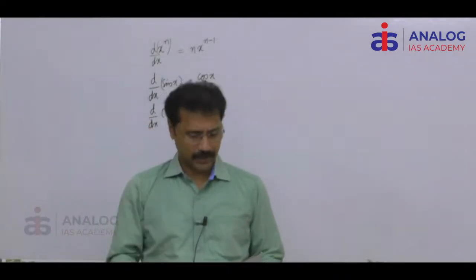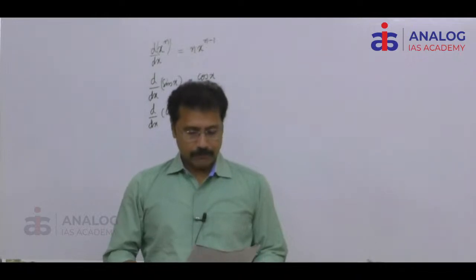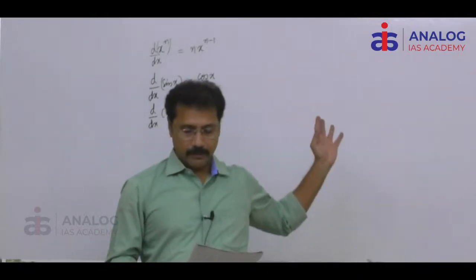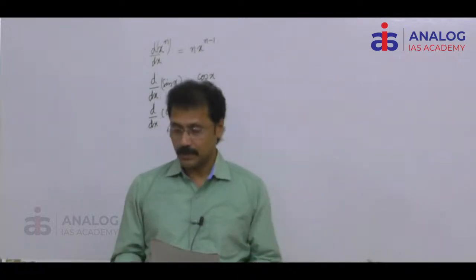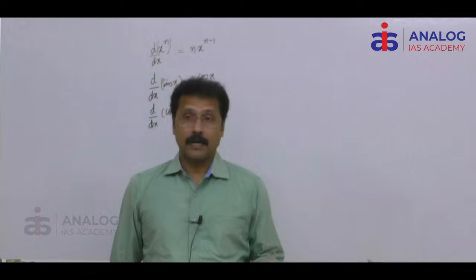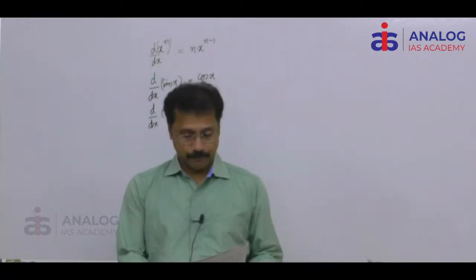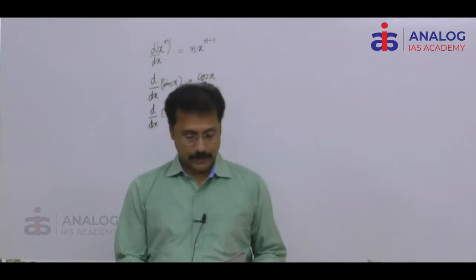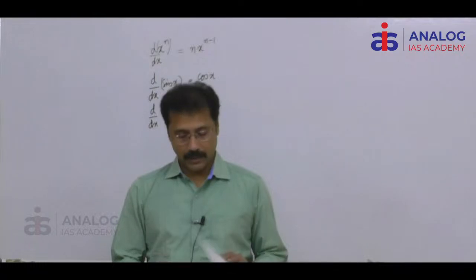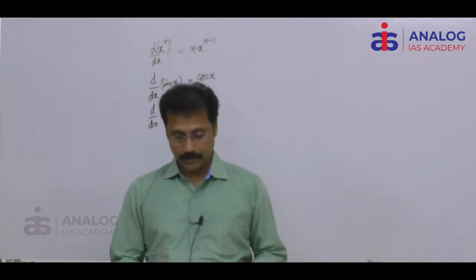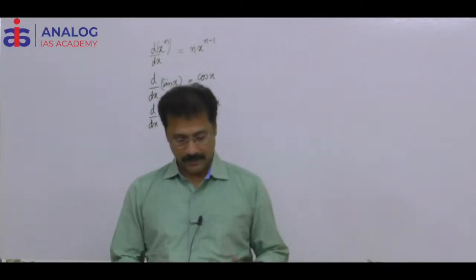Differentiation of x power n is n into x power n minus 1. Differentiation of sin x is cos x. Differentiation of cos x is minus sin x. Differentiation of tan x is secant square x. Differentiation of secant x is secant x tan x. Differentiation of cosecant x is minus cosecant x cot x. And differentiation of cot x is minus cosecant square x, and so on.